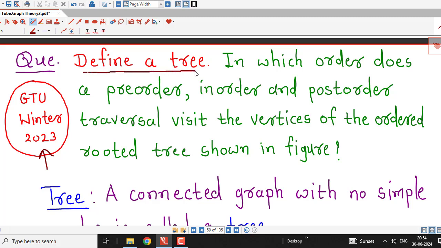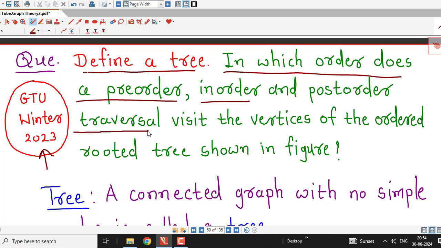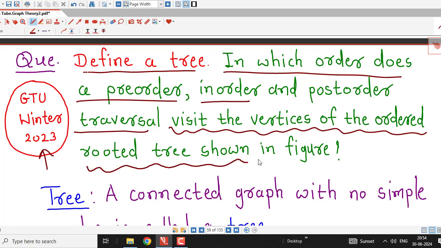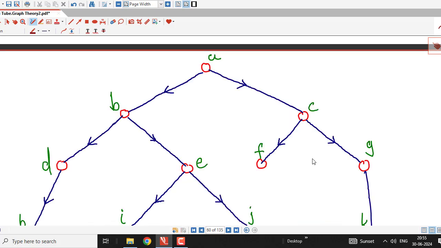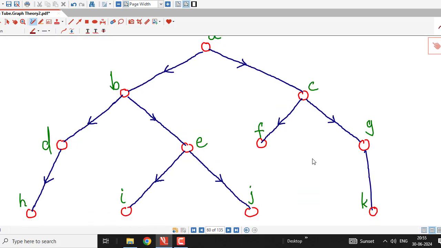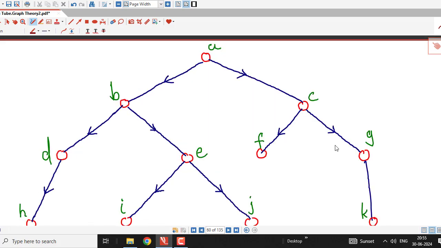The question is, define a tree, that is we have to write the definition of a tree, and in which order does a pre-order, in-order and post-order traversal visit the vertices of the ordered rooted tree shown in the figure. So we are given one ordered rooted tree and we have to decide its pre-order, in-order and post-order.